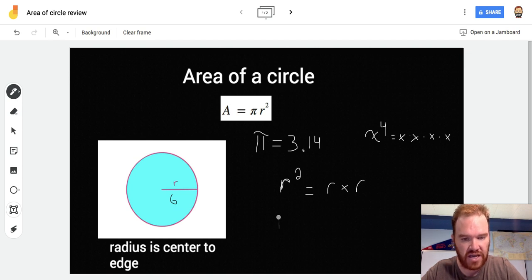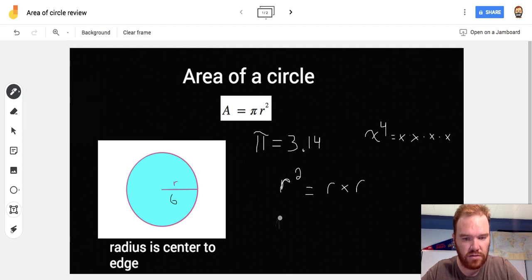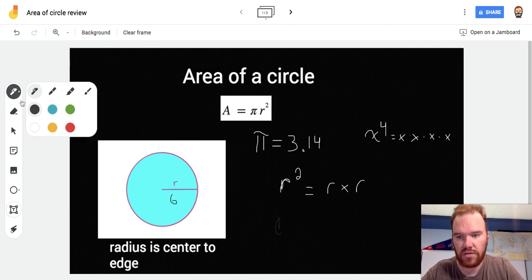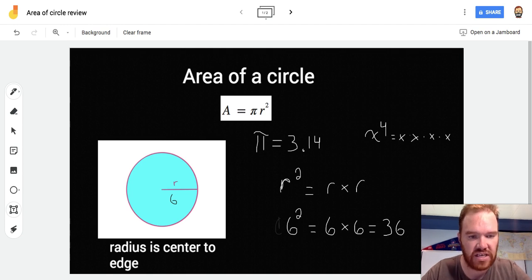So if I'm going to say r squared, or 6 squared, I'm going to do 6 to the power of 2, which is 6 times 6, and 6 times 6 equals 36.